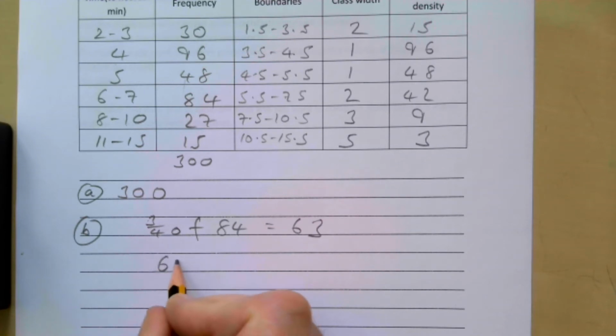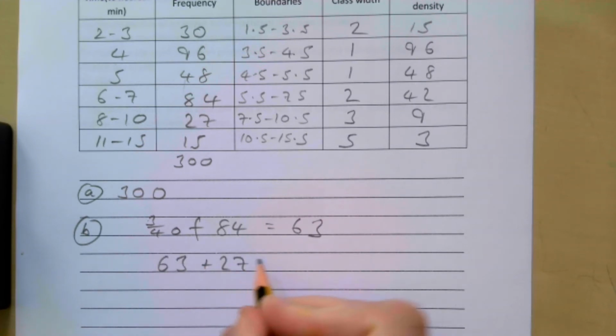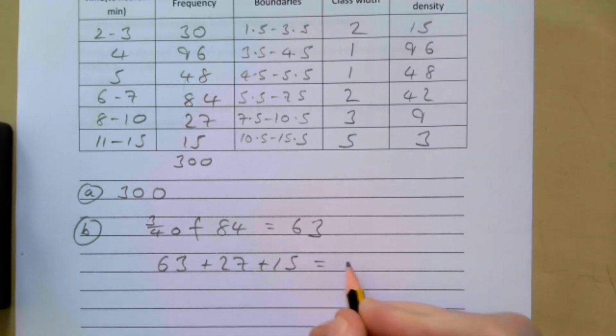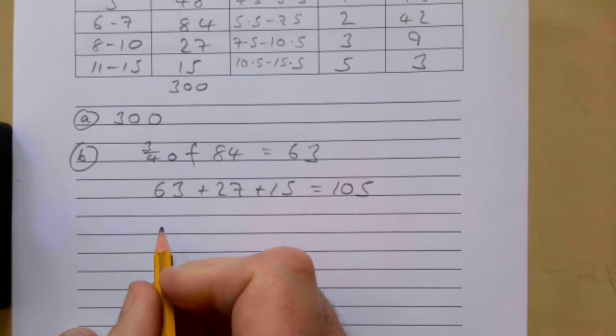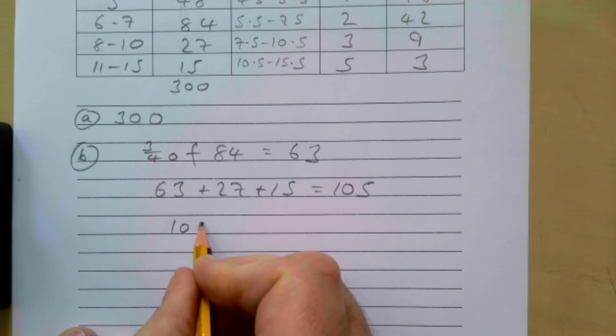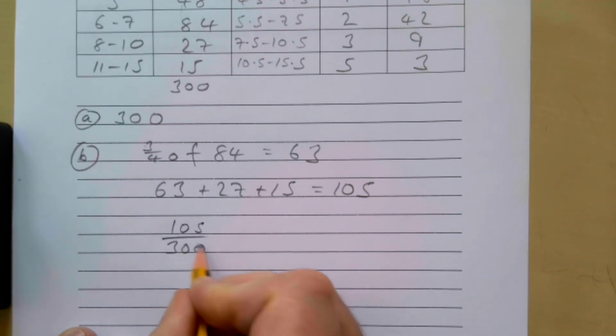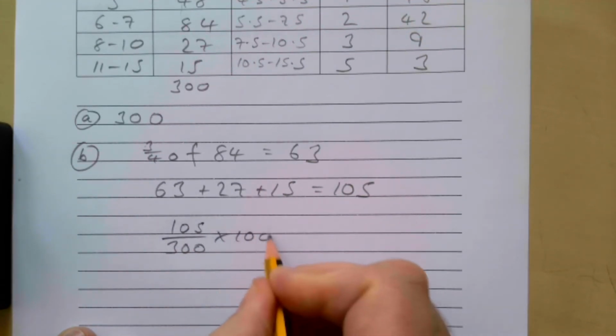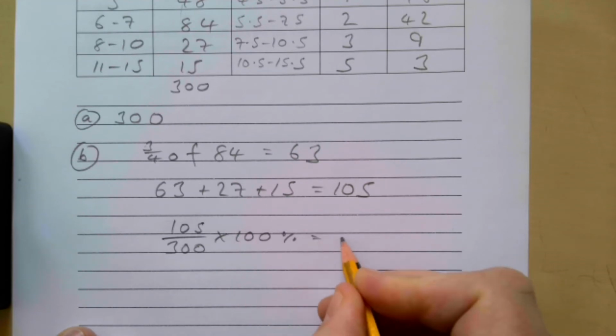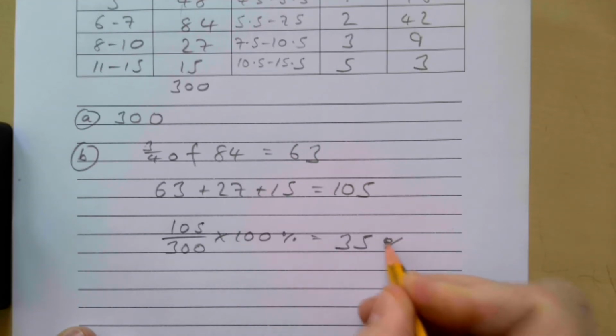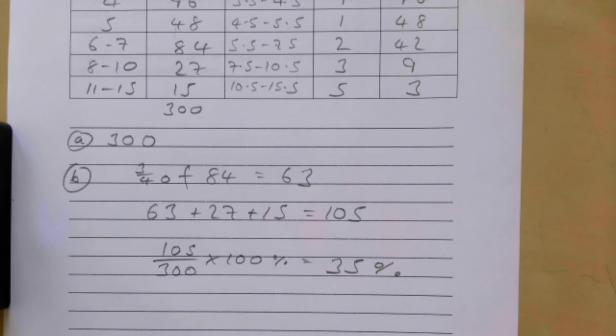So it's going to be 63 plus 27 plus 15. That gives 105, and then as a percentage of the whole amount, it's 105 over 300 multiplied by 100%. So our estimate is going to be 35%.